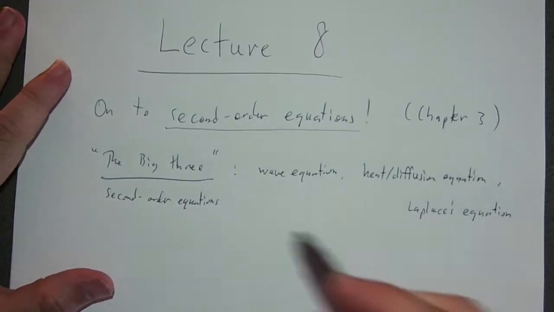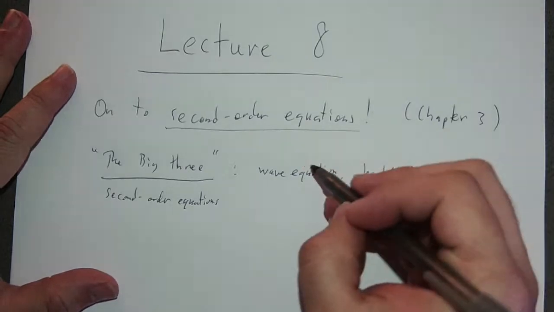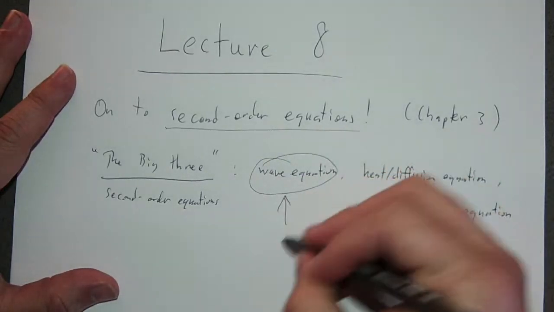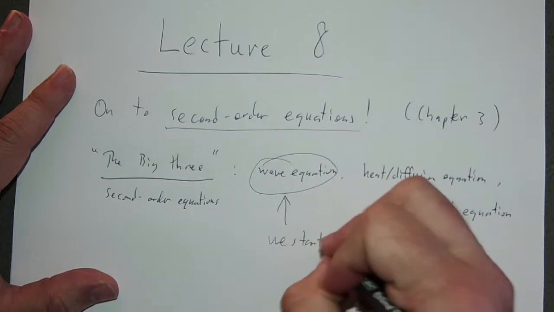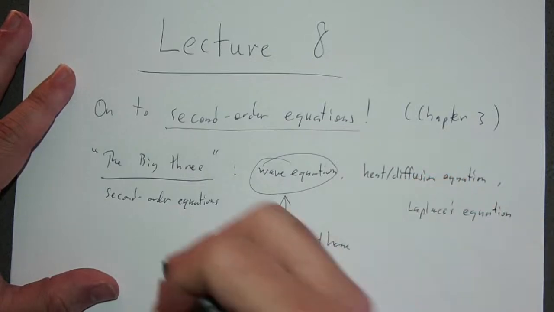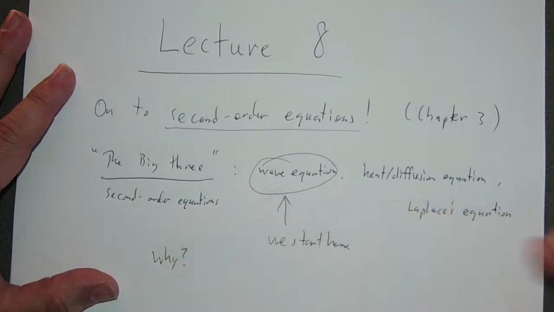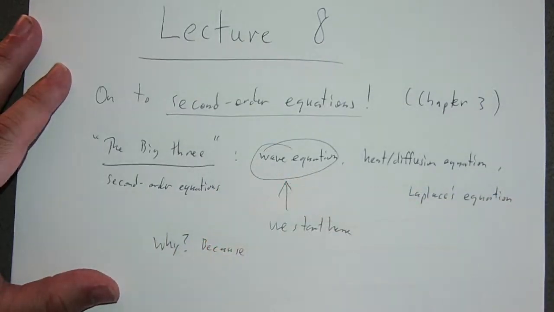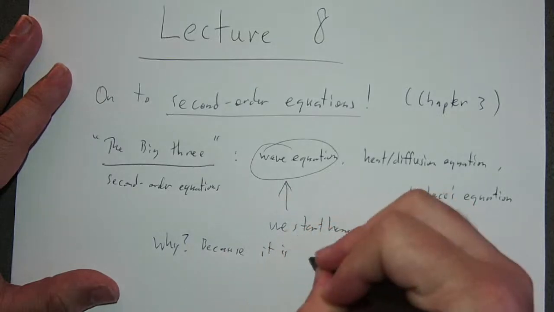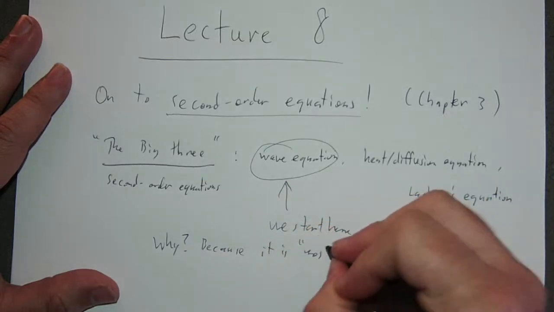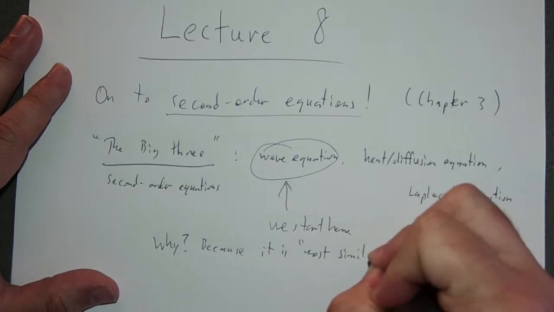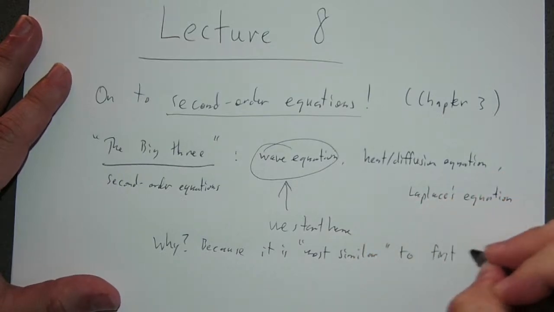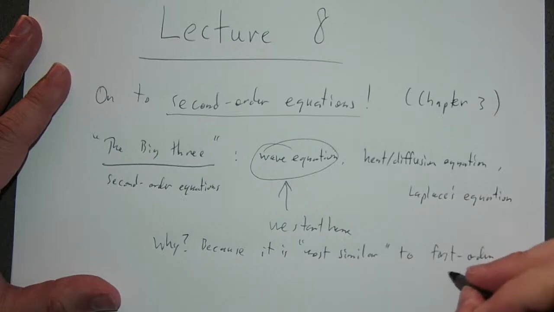Now, we are going to begin with the wave equation. So here's where we start. Why? Because in some key ways, it is most similar, I'll put this in quotes, most similar to first order equations.